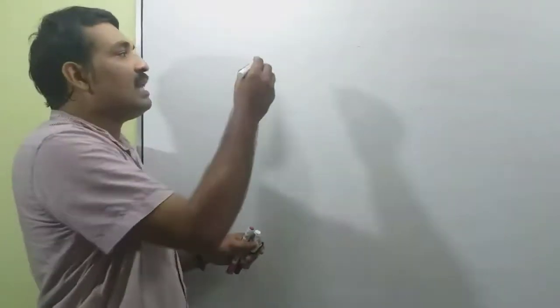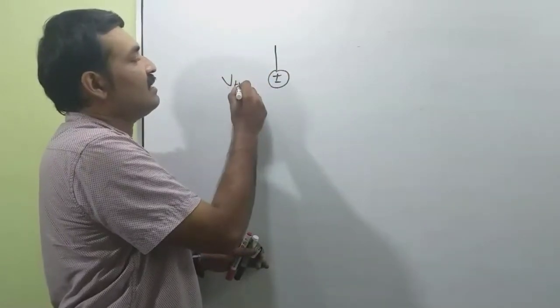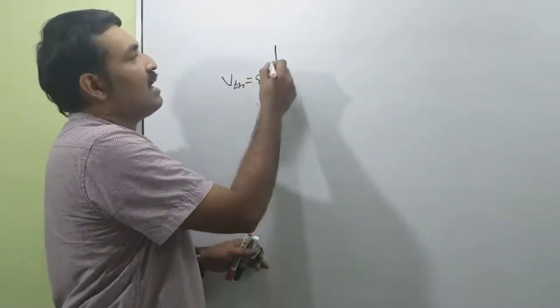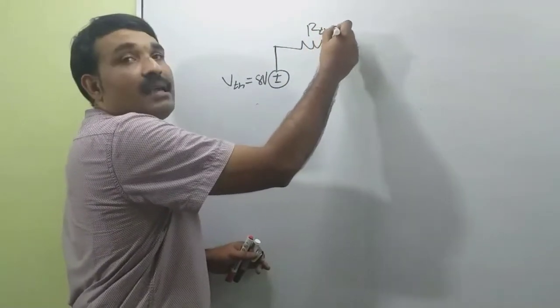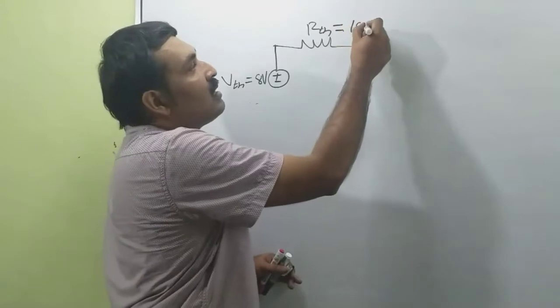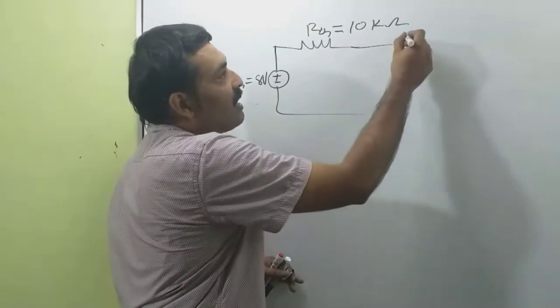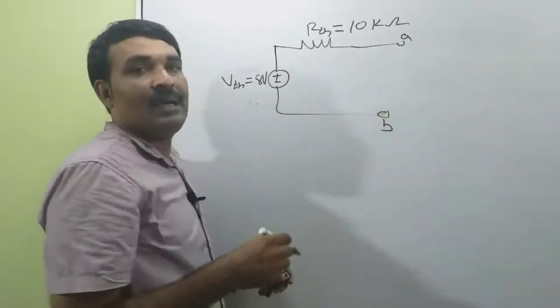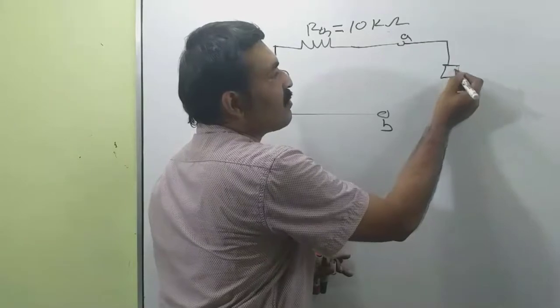So we can draw the equivalent circuit as VTH equal to 8 volt and RTH equal to 10 kilo ohm, and the terminal A, B. Now suppose I am connecting a load across this terminal AB.